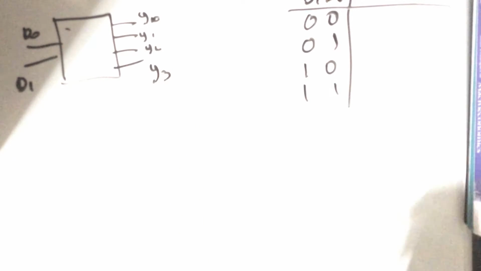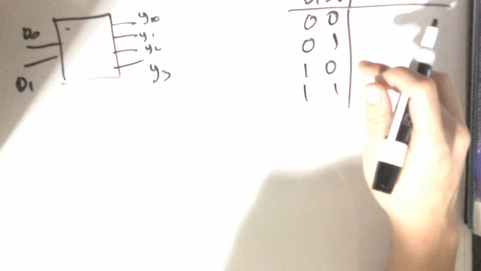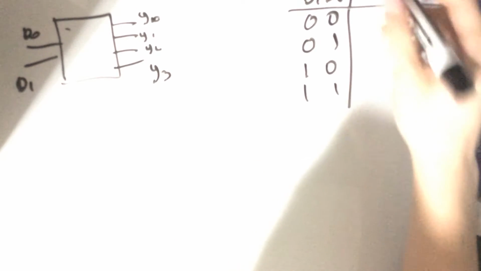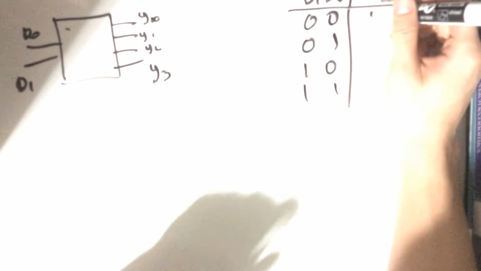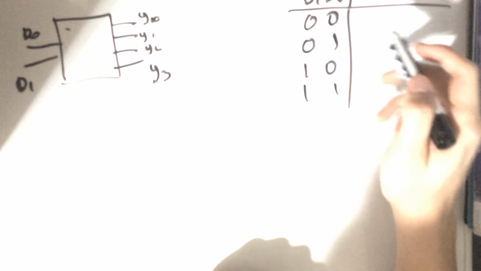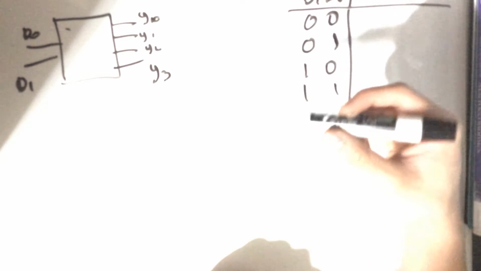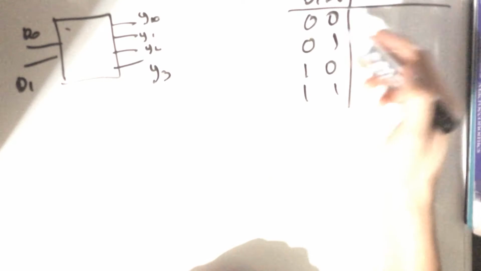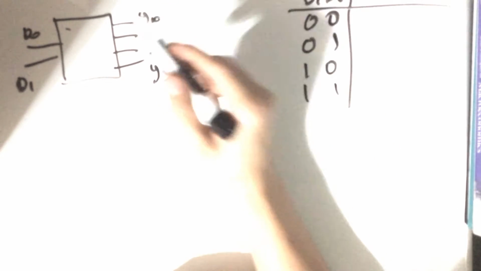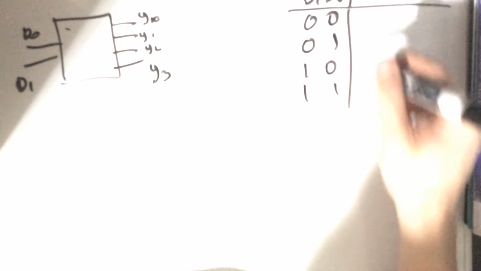The next thing we want to do is label the corresponding outputs. As I've mentioned before, when D0 and D1 are set to 0, aka the binary representation of 0, we want the first value to be set, which corresponds to the decimal value of 0.